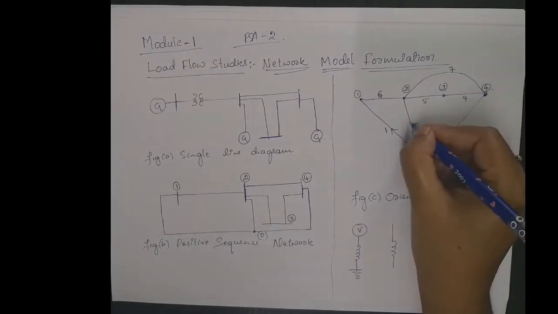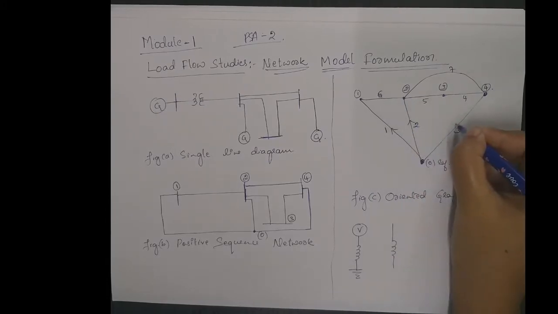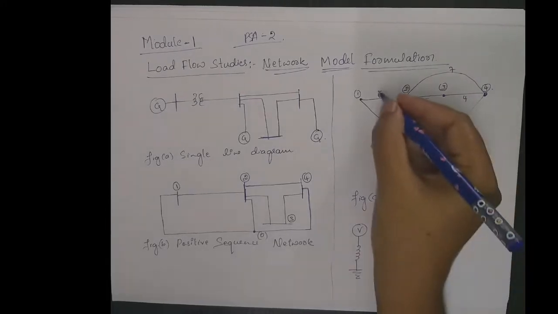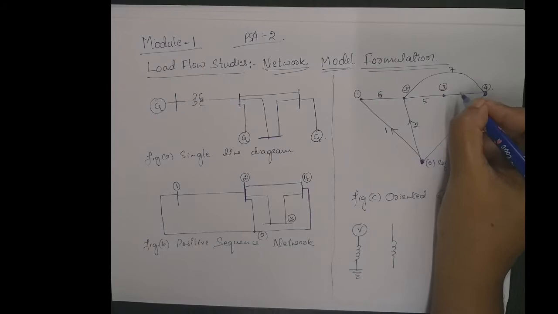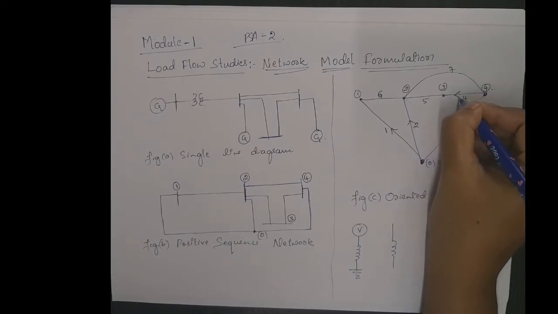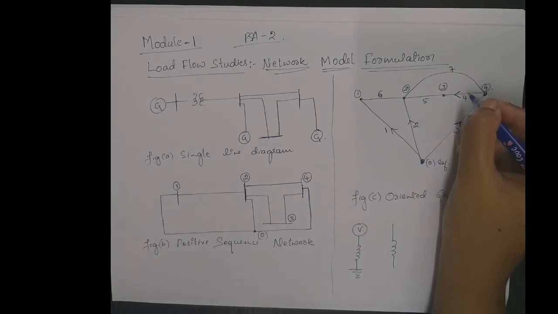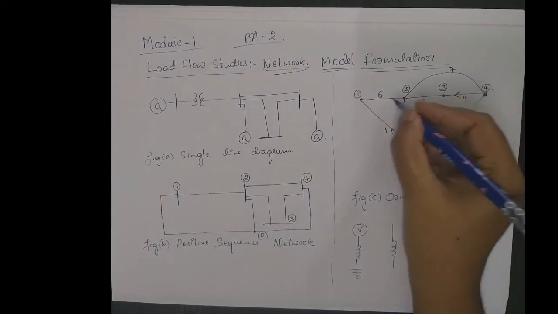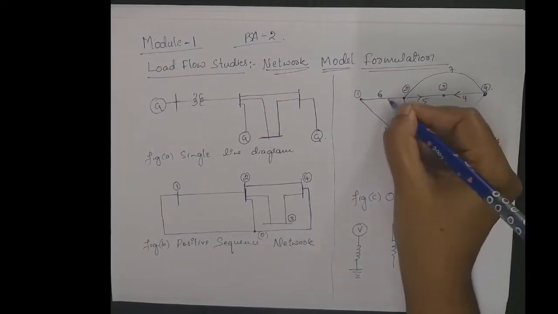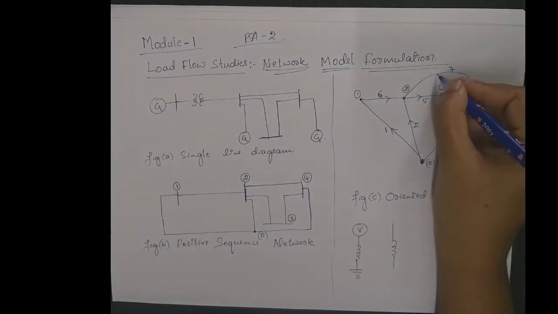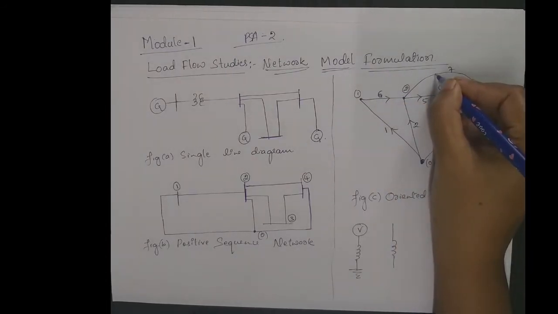This is the first element direction, second element direction, third element direction. This can be any direction, left side or right side, no problem. And fifth element direction, sixth element direction, seventh element direction.